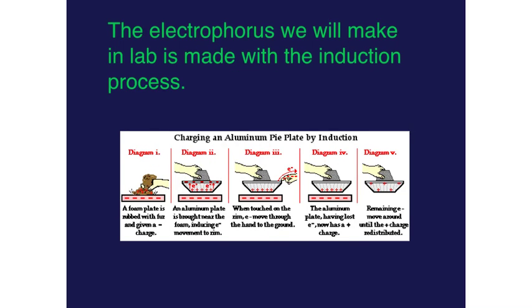Another apparatus that we're going to make in class is called an electrophorus. And the electrophorus also operates by the induction process. So we'll be doing this in class. First of all, we're going to take a styrofoam plate, and we're going to rub it with some fur, and that's going to cause the electrons to move from the fur into the styrofoam, and they're going to be stuck there.